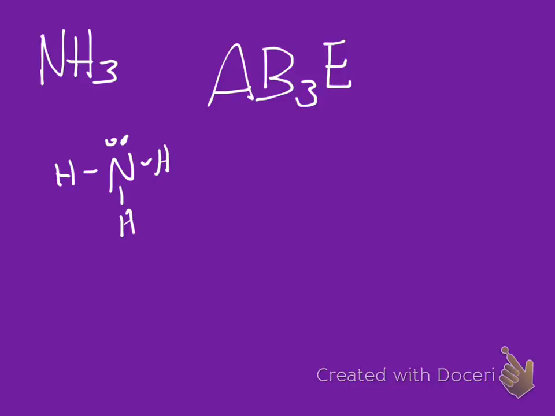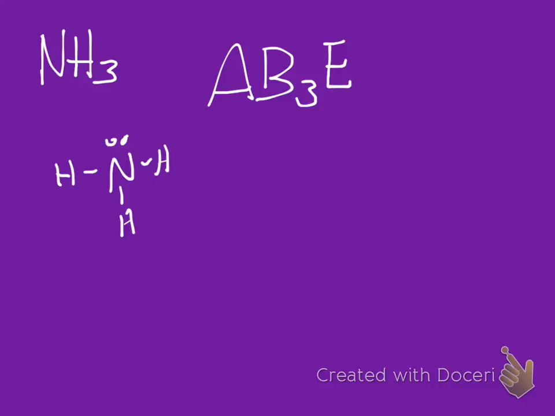So it's the same arrangement, except one of those positions is occupied by an unshared pair. So these things get pushed down into that trigonal pyramidal shape, because the unshared pair shoves them down a little bit. AB3E is always going to be trigonal pyramidal.